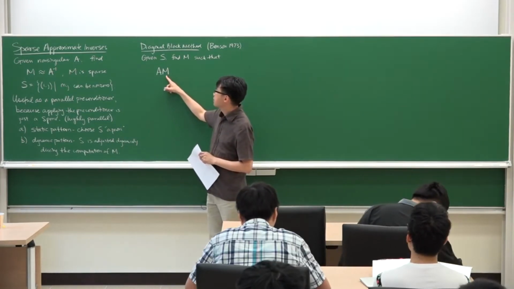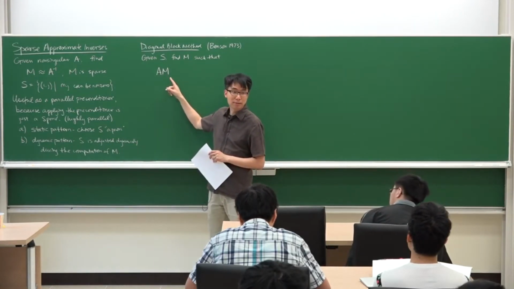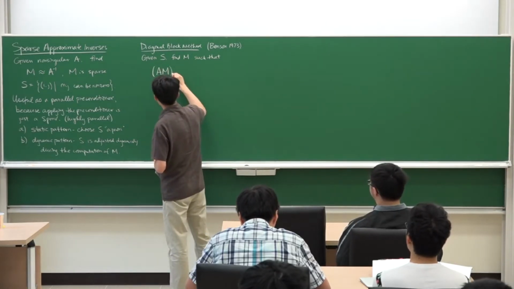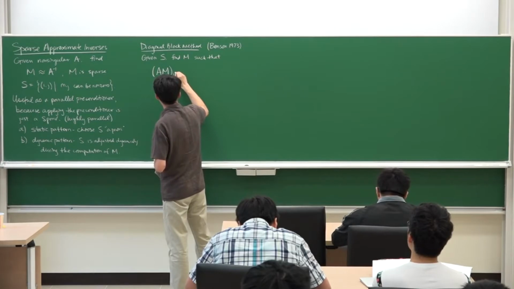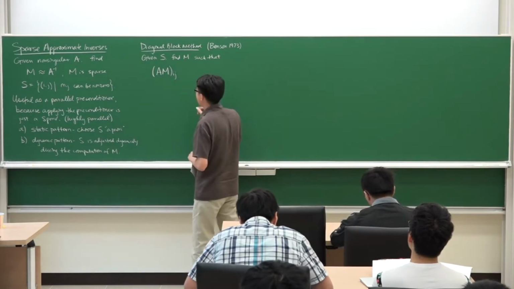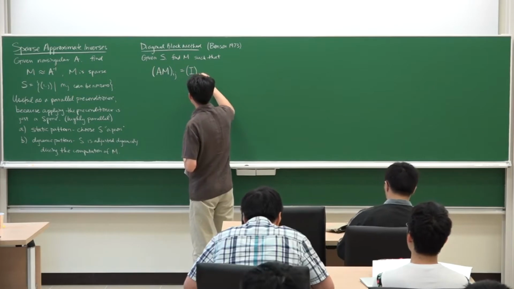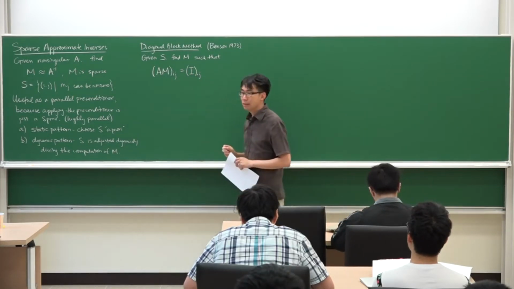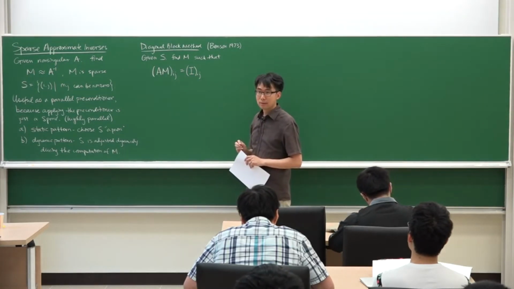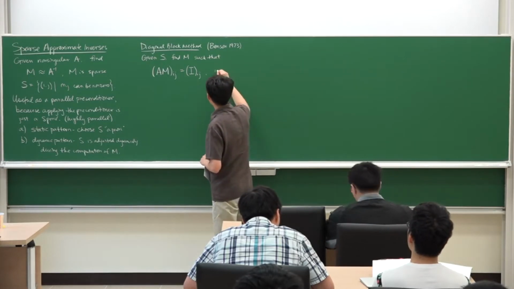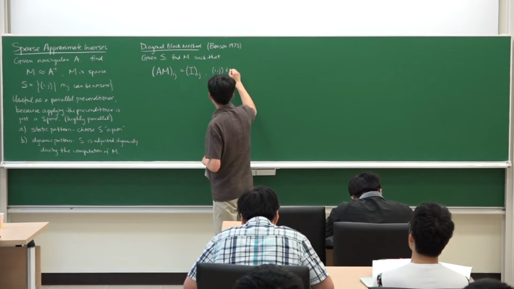If M is the exact inverse, then A times M is the identity matrix. But we're only going to look at the ij locations in AM, and we want those to match the ij locations in the identity matrix, for ij belonging to the sparsity pattern.